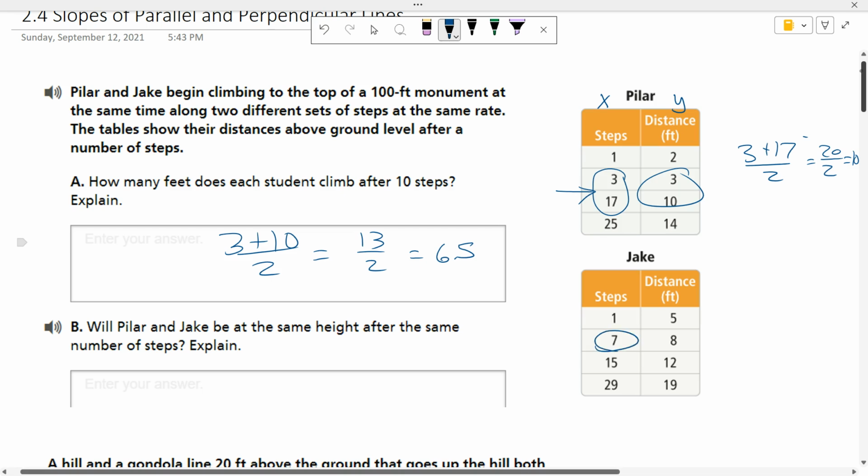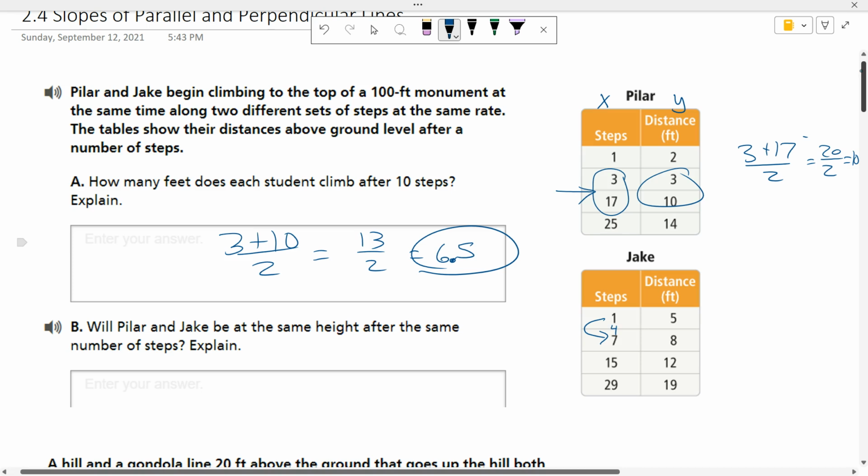But after 7 steps, he already went 8, which is higher than the 6.5 that he went. So, how many feet does each student climb after 10? Well, halfway in between here is 4.